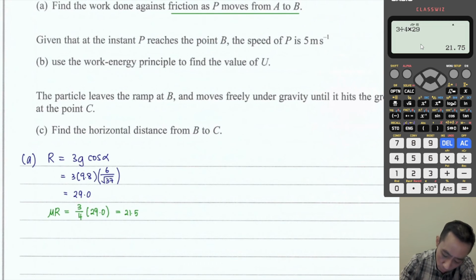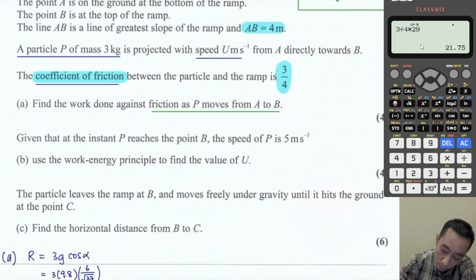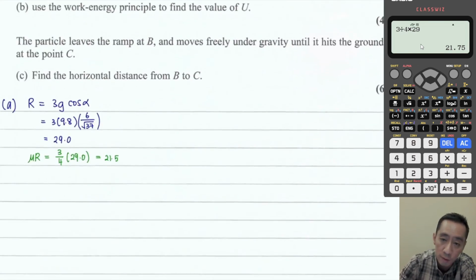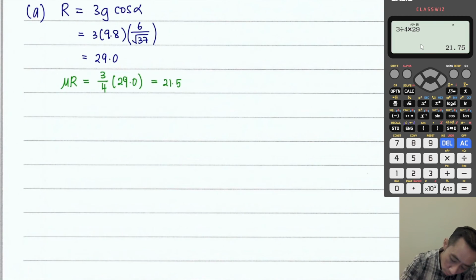To calculate the work done, we take the force multiplied by the distance. So the work done is equal to the force multiplied by the distance.